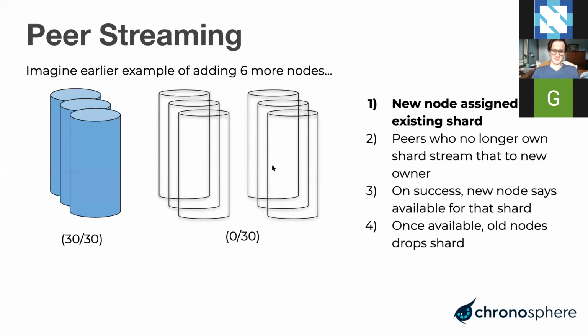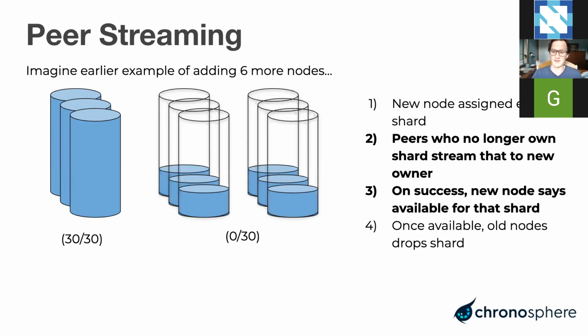Let's walk through what the steps in this case would be. We've added these new nodes, they're empty, then collectively what they decide is, okay, we're going to assign some of these existing shards on the leftmost 3 nodes to some subset of the rightmost ones. So there's this background assignment of shards going on. Then the second and third steps are streaming that data in the background from the existing nodes to the new nodes.